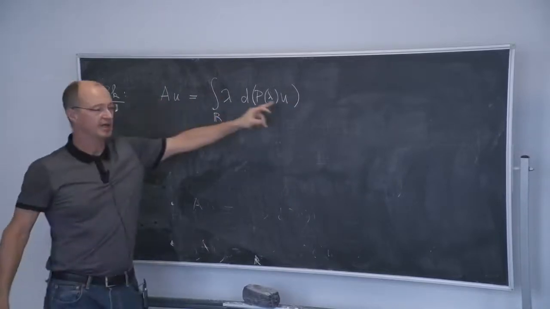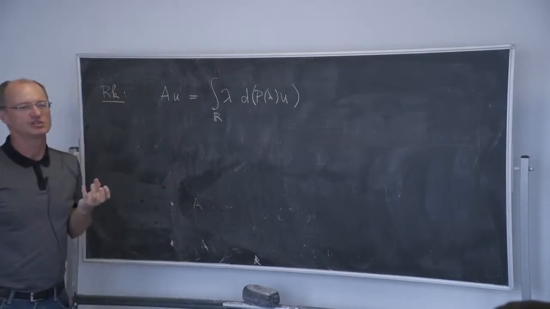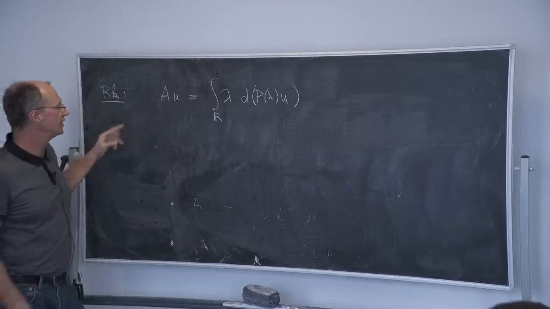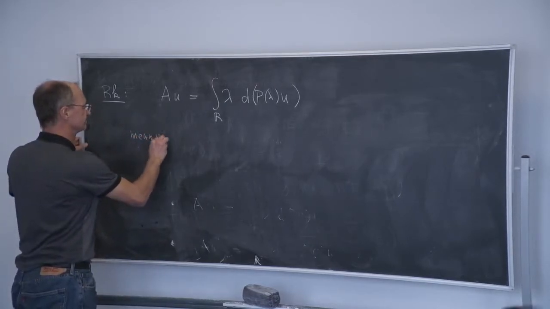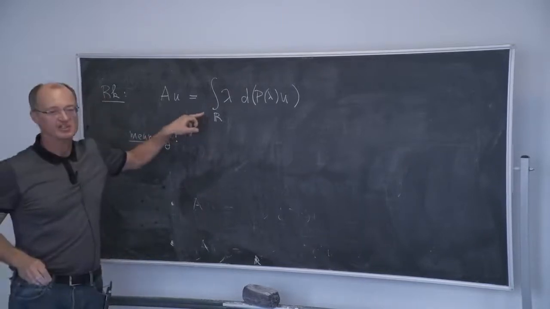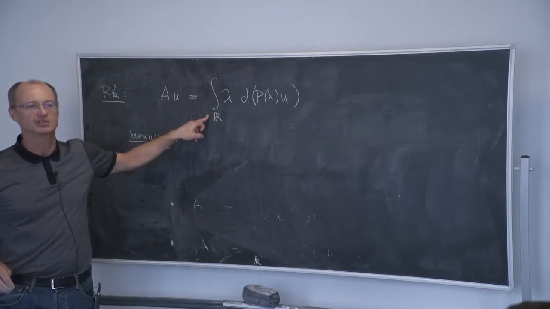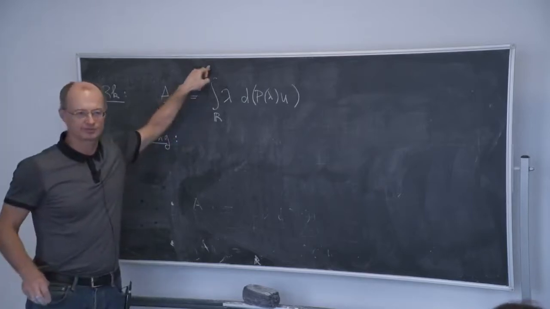So I wrote this formula. So what does it actually mean? Now, you see this integral is some kind of a Riemann type integral. Now, what's the Riemann integral over R?